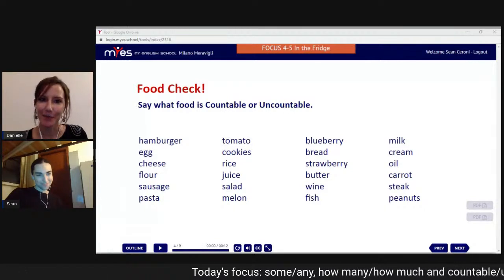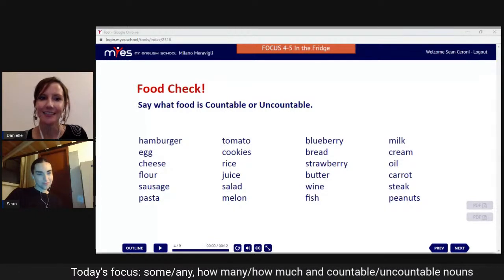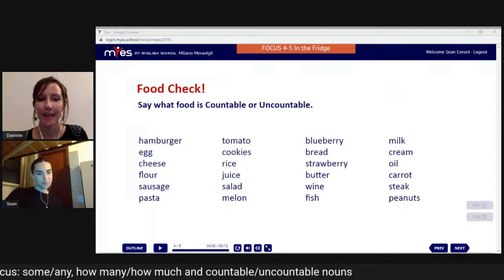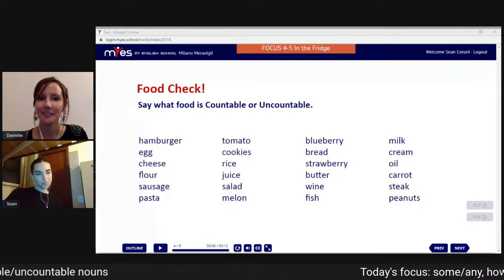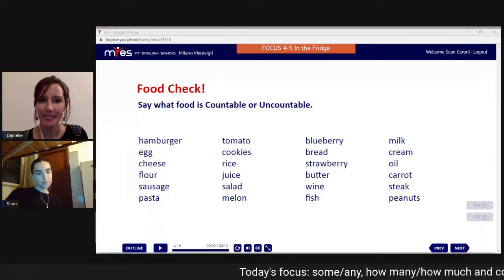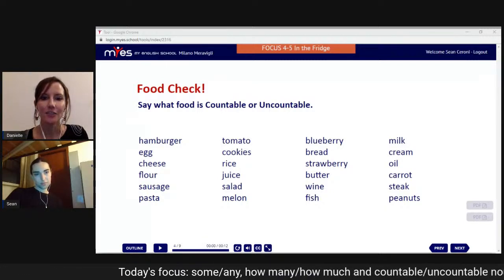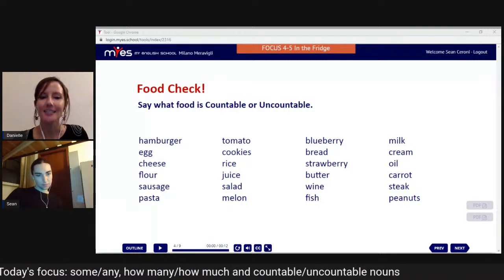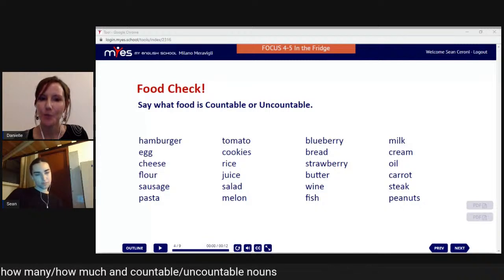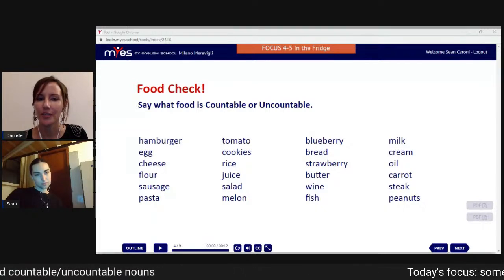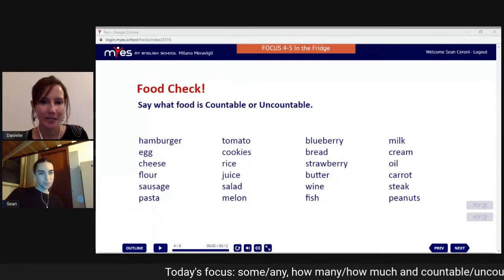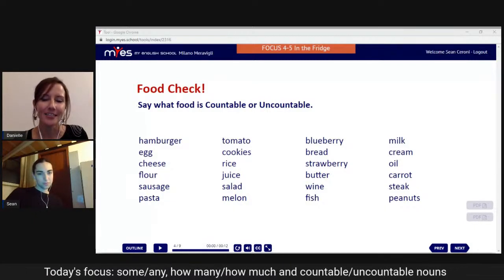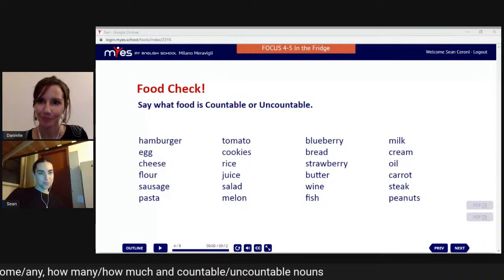We've got hamburger, egg, cheese, flour, sausage, pasta, tomato, cookies, rice, juice, salad, melon, blueberry, bread, strawberry, butter, wine, fish, milk, cream, oil, carrot, steak, peanuts.